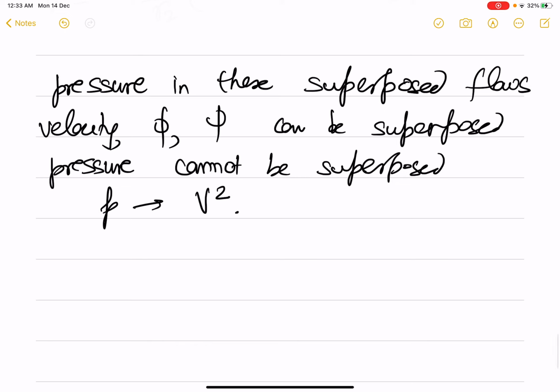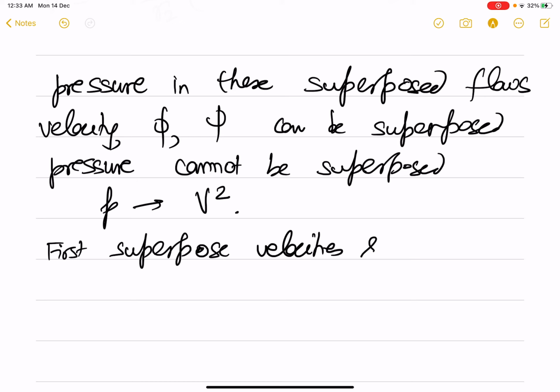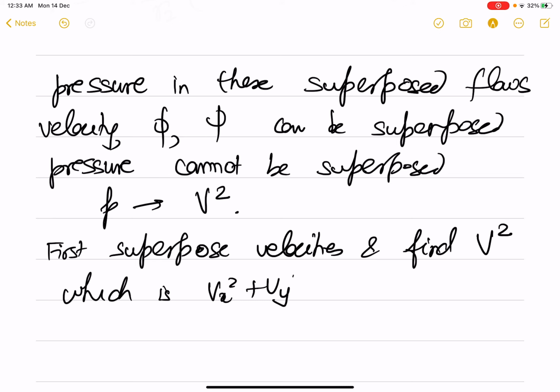So what you have to do is you first superpose the velocities and find V square, which is Vx square plus Vy square or Vr square plus V theta square.